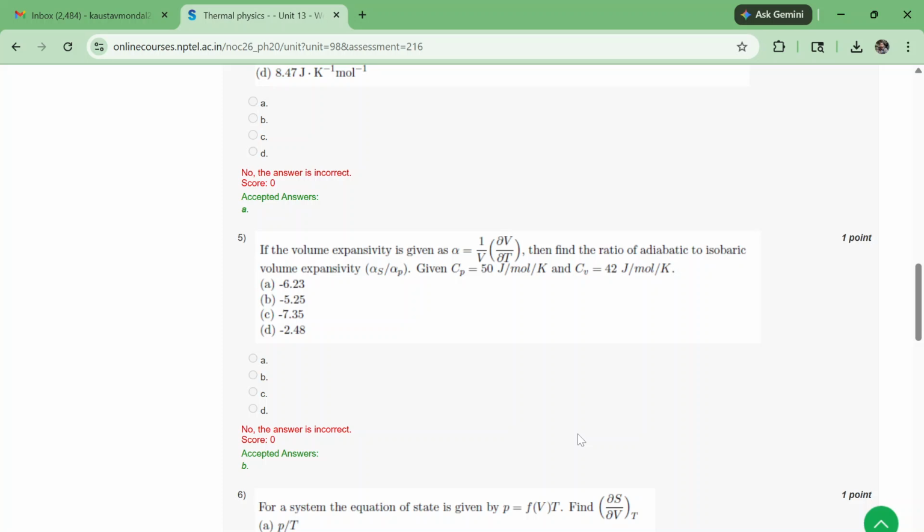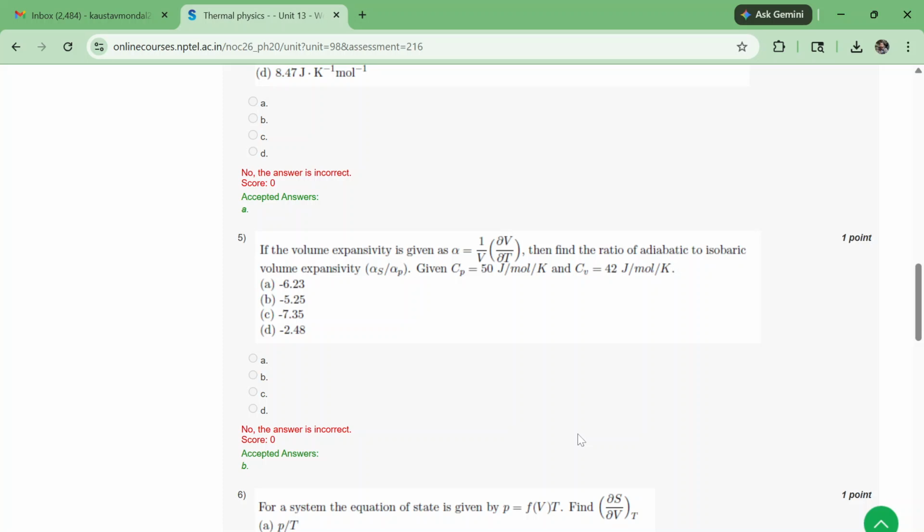Adiabatic means alpha S, which would be 1 by V del V del T at constant entropy S, and alpha P would be 1 by V del V del T at constant P. So there should be some relation between these two, adiabatic and isobaric volume expansion, that needs to be found out.